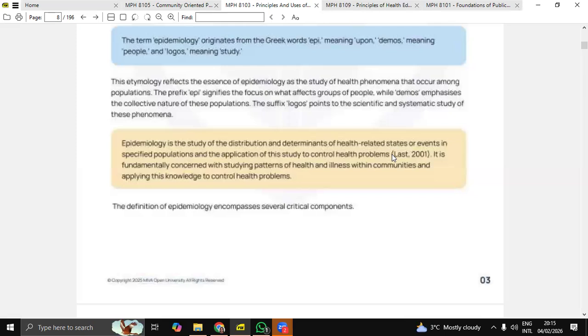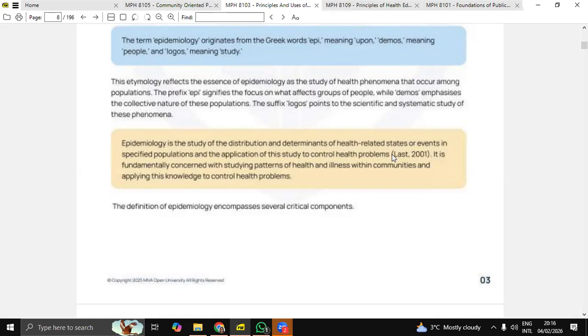We study things like events. Events are things like births, people giving birth, people dying. We study all of that. So because it is not just diseases that we study, that is why it is referred to here as health-related states or events.